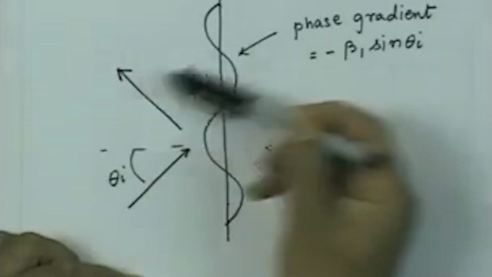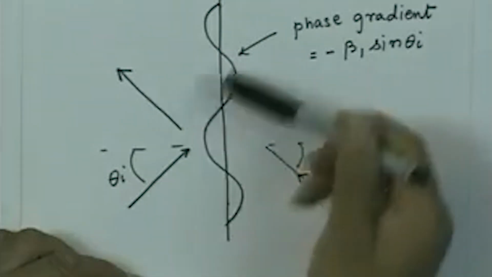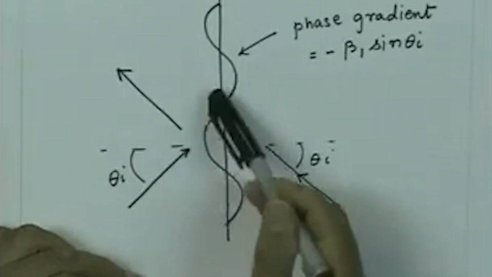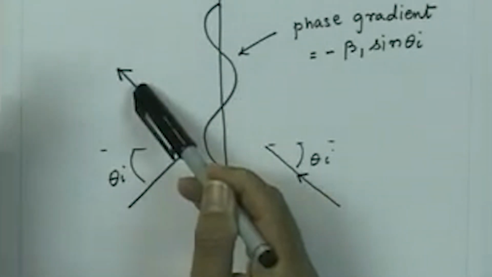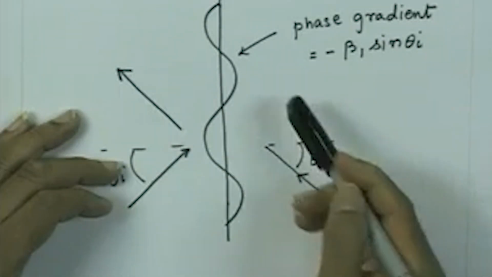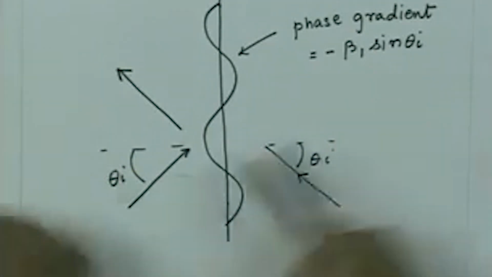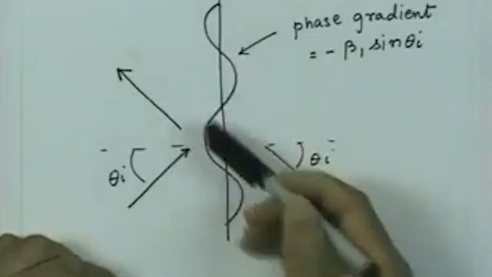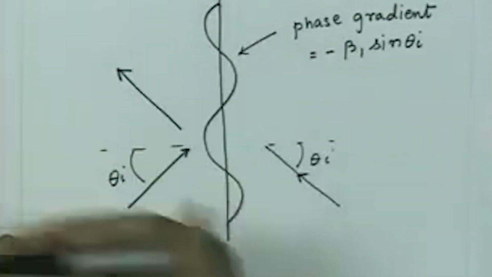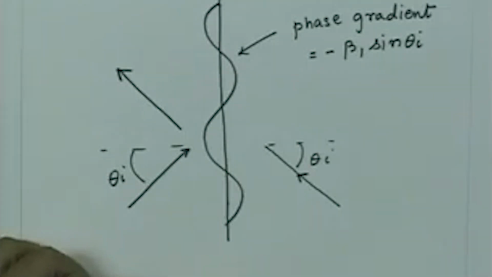And as I mentioned, since these fields are time varying fields, again they will constitute a wave phenomena. So the induced field in this medium will constitute a wave phenomena. Fields in this medium again would constitute a wave phenomena. And these fields will travel away from this boundary. These fields which are here will again go away from this boundary.